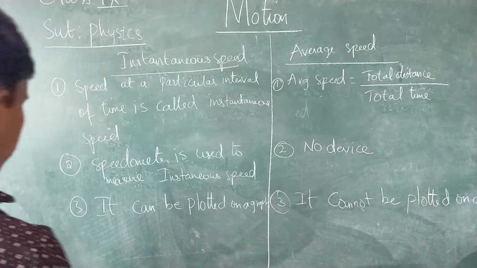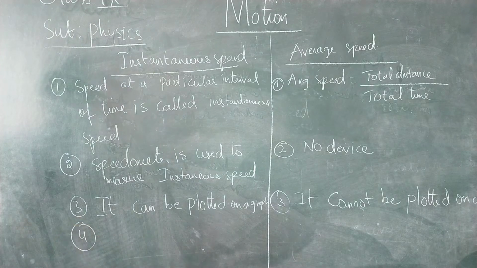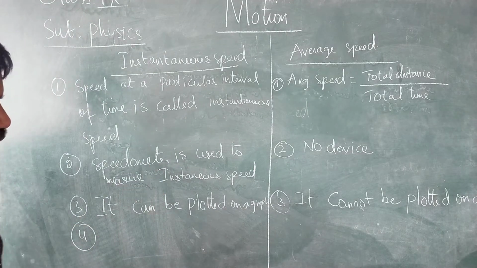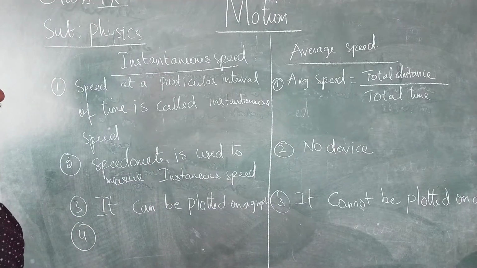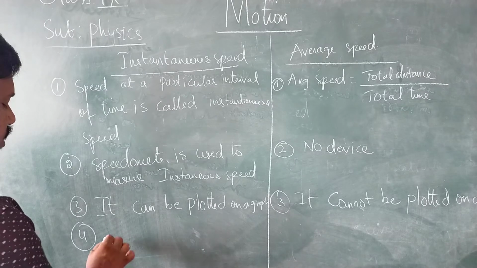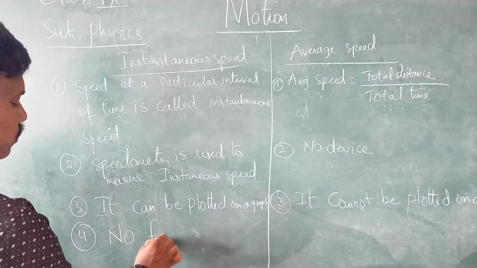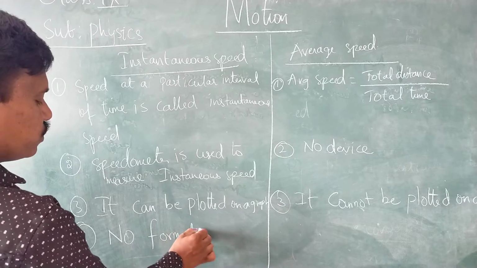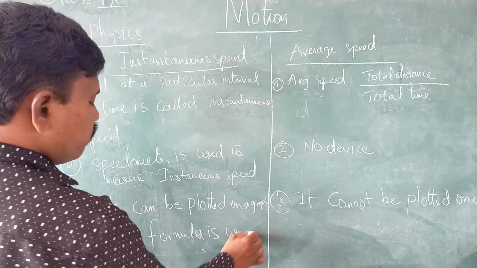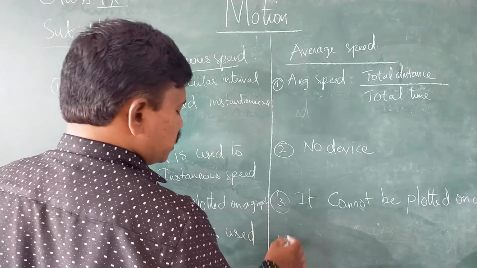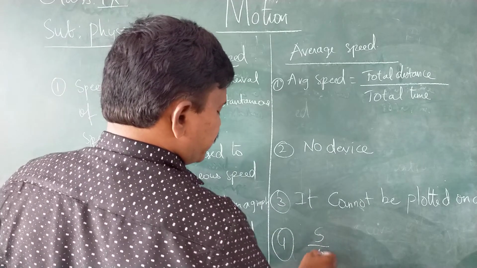Next, instantaneous speed can be calculated using any formula? No formula is used. Then what formula do we use for average speed?